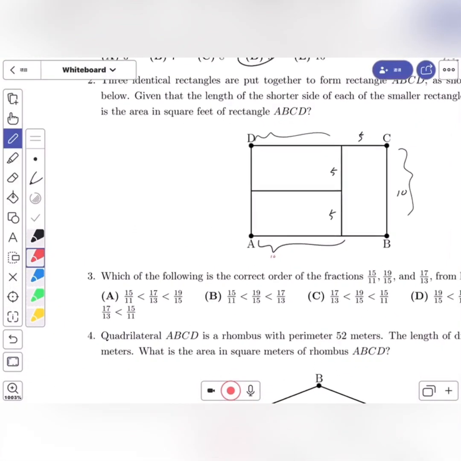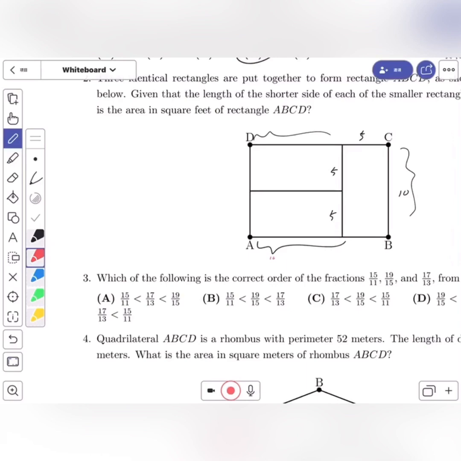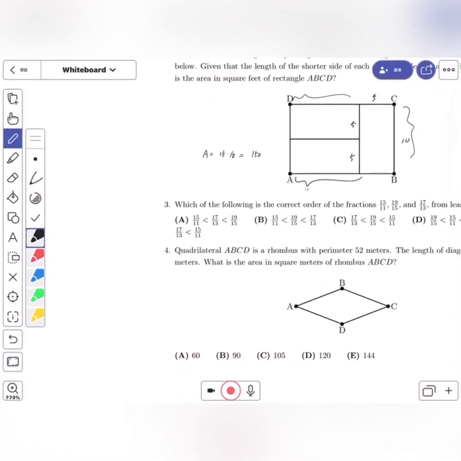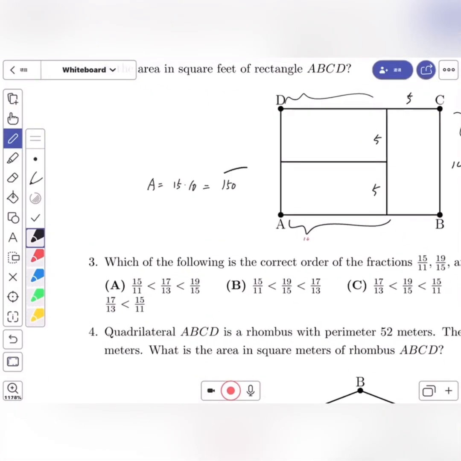So our answer would just be the base, which is 15, times the height, which is 10. So therefore, our area would just be 15 times 10, which is going to be 150. And that is our answer.